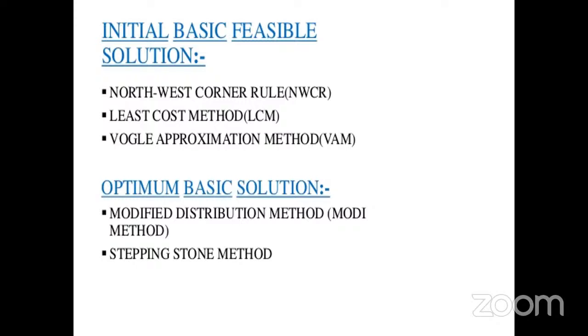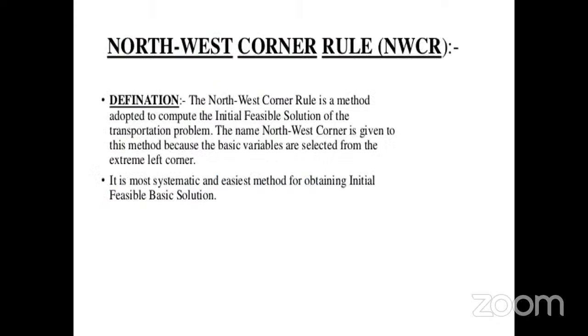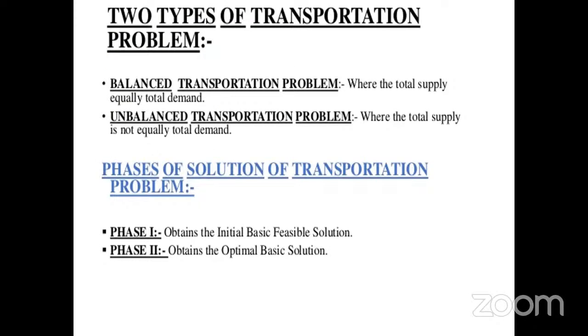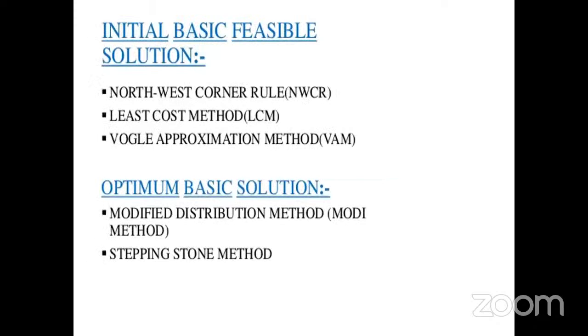So three methods are there for IBFS, and two methods are there to find the optimal solution. Up to this, theoretically, if you read once, it is easy to understand.